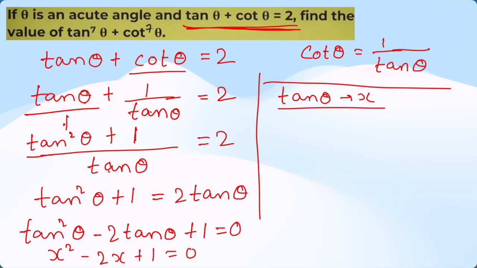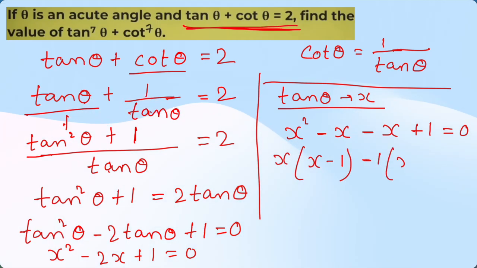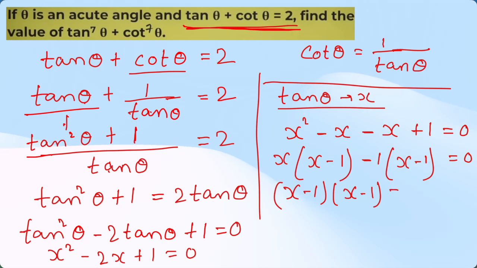So I can write it as x square minus x minus x plus 1 equals to 0. On taking x as common, x into x minus 1 minus 1 into x minus 1 equals to 0. So x minus 1 into x minus 1 equals 0. It means x is equal to 1.